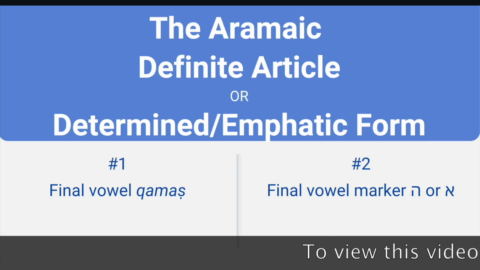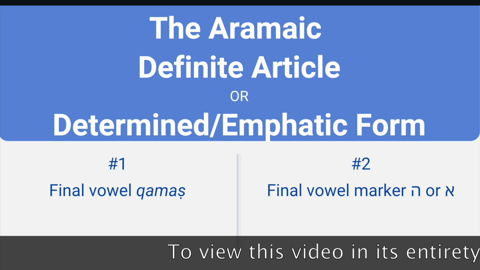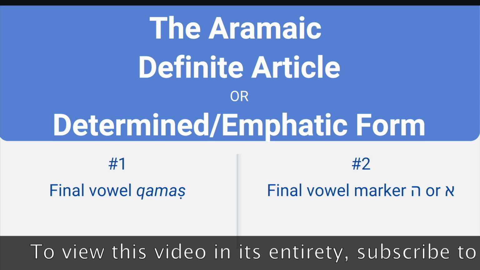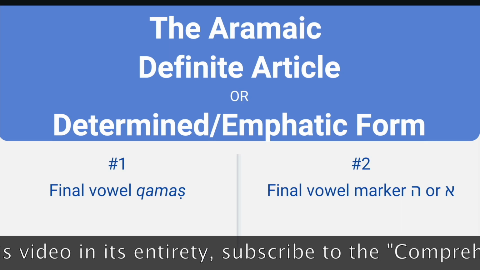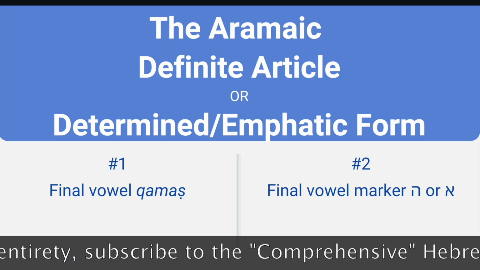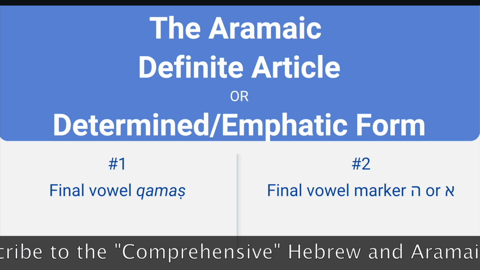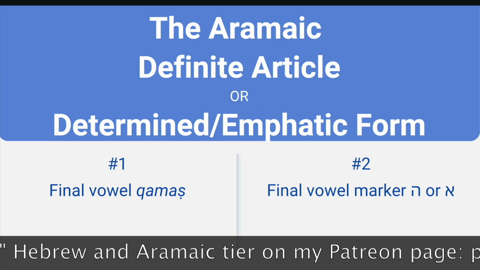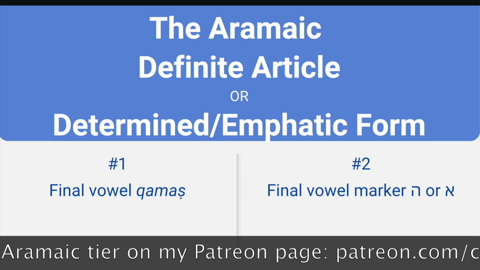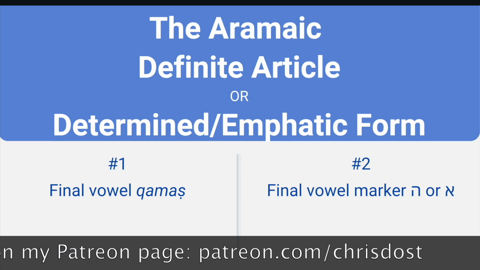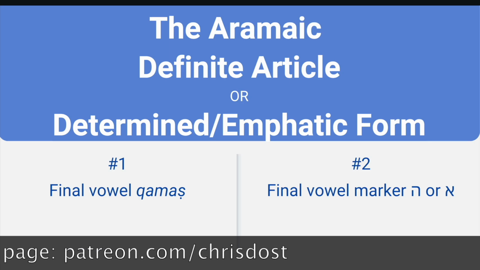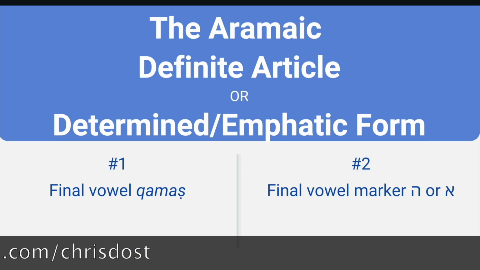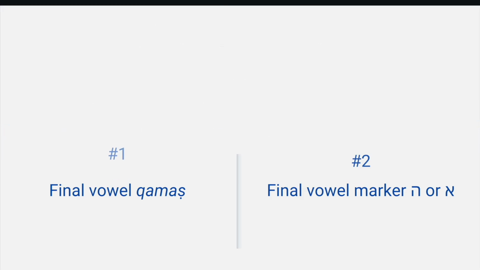With masculine singular determined forms, we expect to see kamatz as the final vowel, followed by the vowel marker aleph or he. We can see either one because they are both quiescent or silent when serving this function. So final kamatz and a final vowel marker aleph or he. That's for the masculine singular emphatic forms.